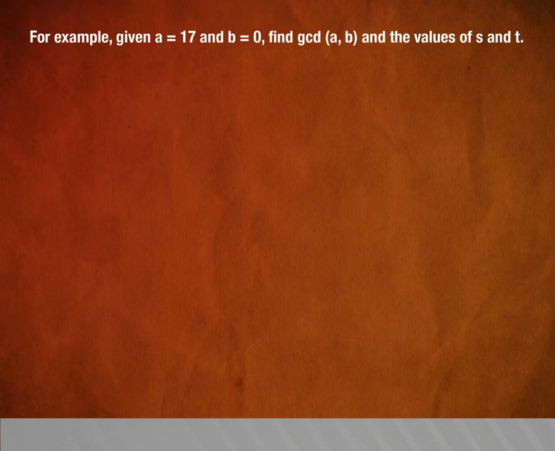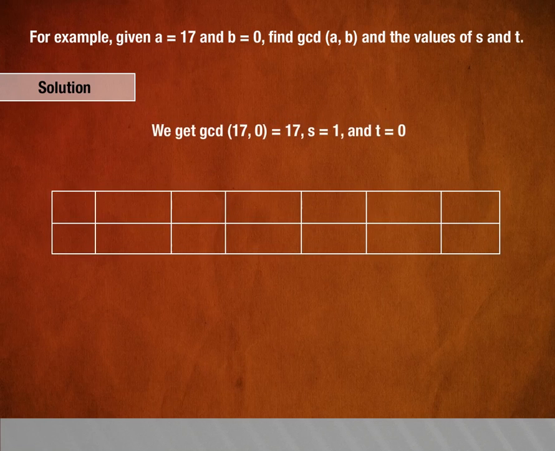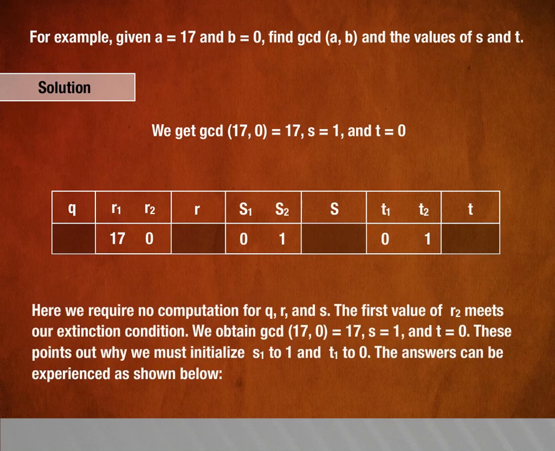For example, given a equal to 17 and b equal to 0, find GCD(a, b) and the values of s and t. Solution: we get GCD(17, 0) equal to 17, s equal to 1, and t equal to 0. Here, we require no computation for q, r, and s.